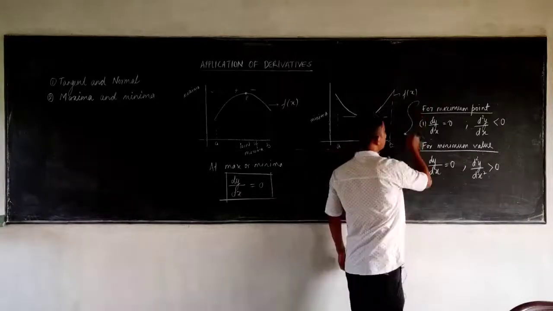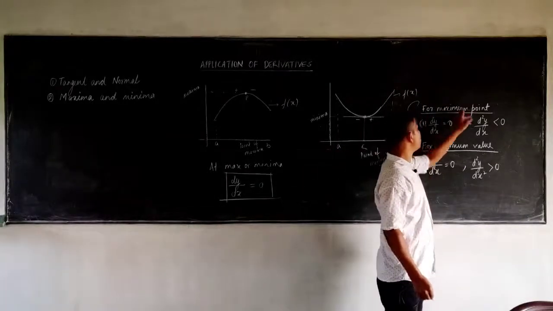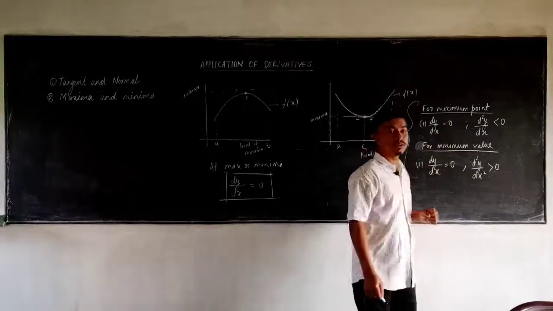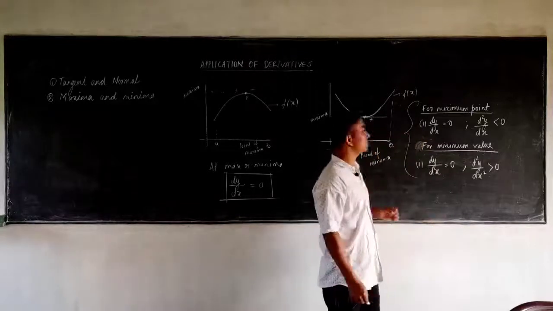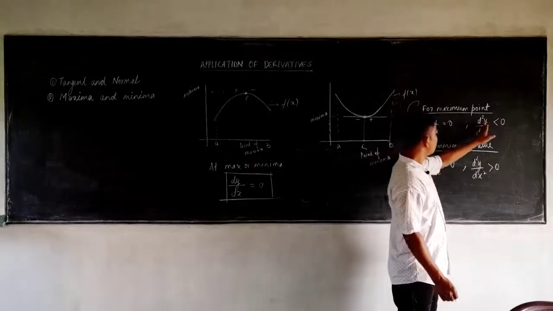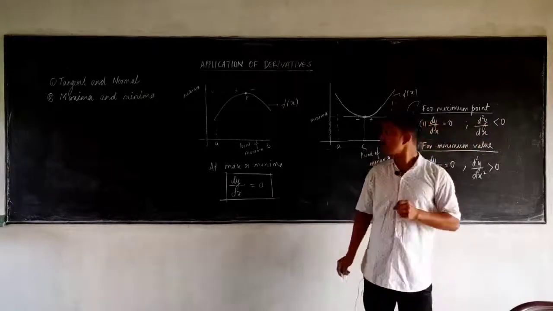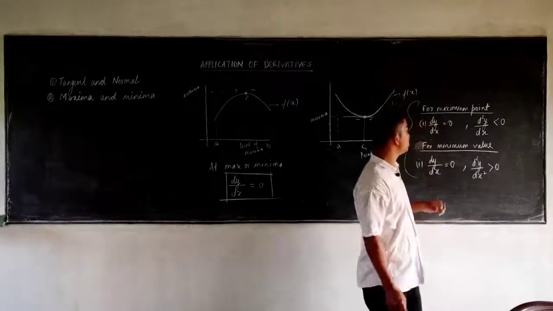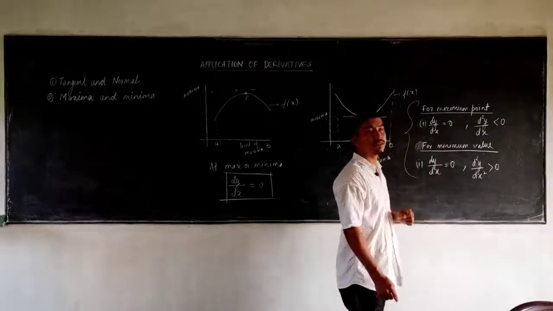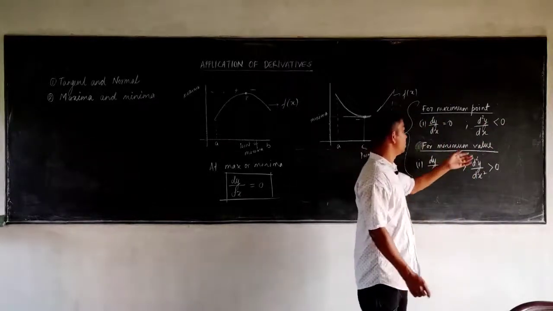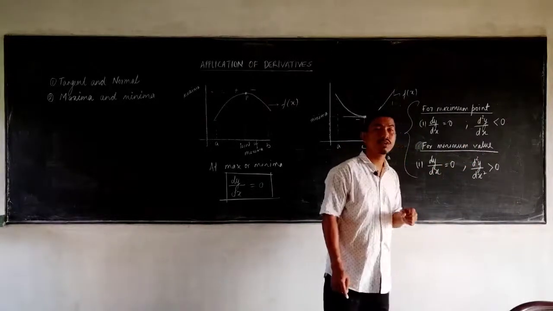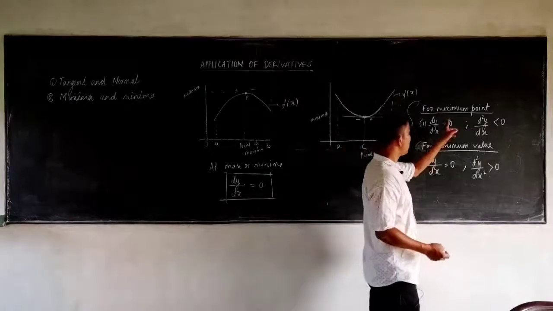Finally I write these two conditions. For a maximum point, the first order derivative dy by dx equals 0, because the slope of the tangent at the given point will always be 0. The second condition, which describes whether a value is a minimum or a maximum: if the second order derivative is less than 0, that is, a negative number, then at the given point the function has a maximum point.